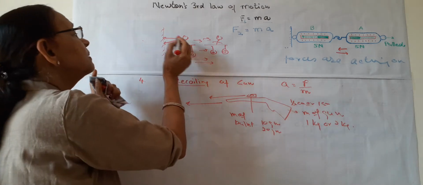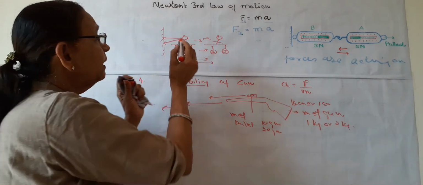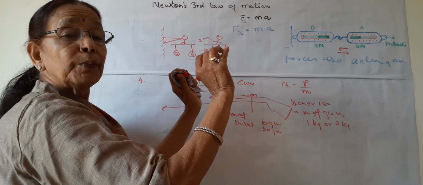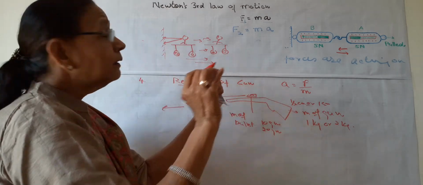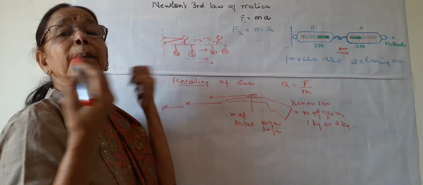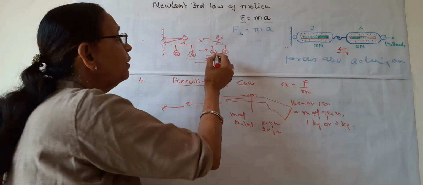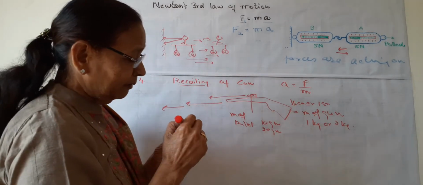Why? He is pushing the wall, so the action force is by the boy, and the wall pushes the boy back in the opposite direction with the same force, and he shifts backward due to the presence of these wheels, as less friction will be there.